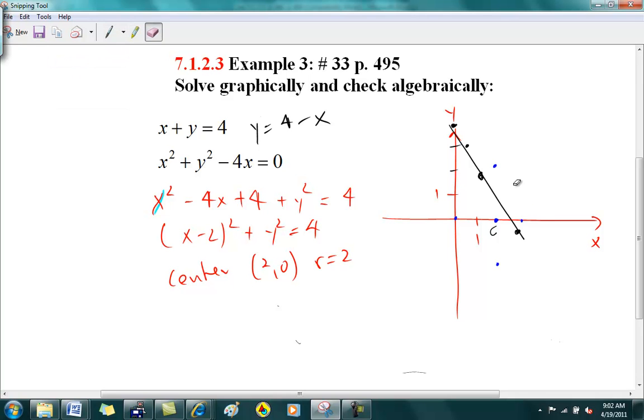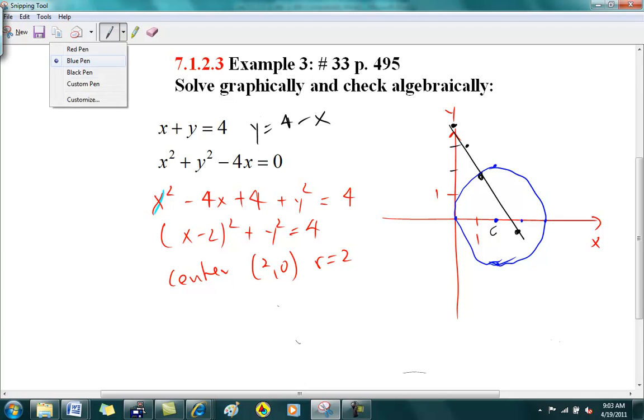I want to erase that. So radius is 2, so here's 1, here's 2. Your circle should really be like this. Which means now that my line needs to be extended. I'm going to extend my line, using a straight edge here. It's going to be hard to estimate what these points are.